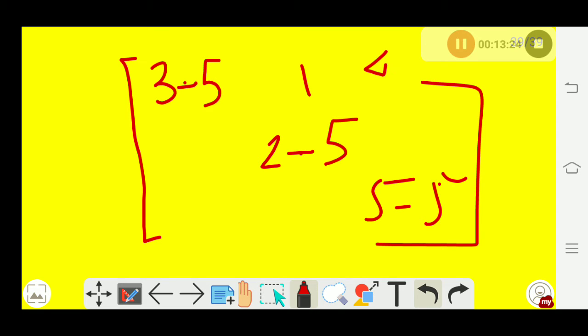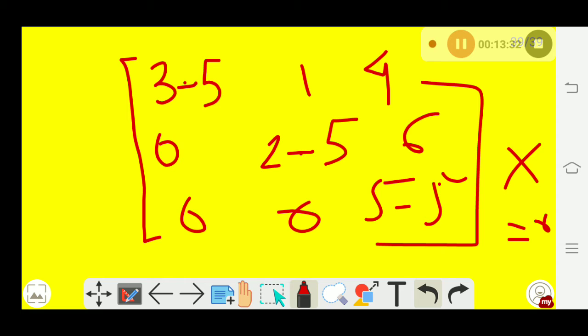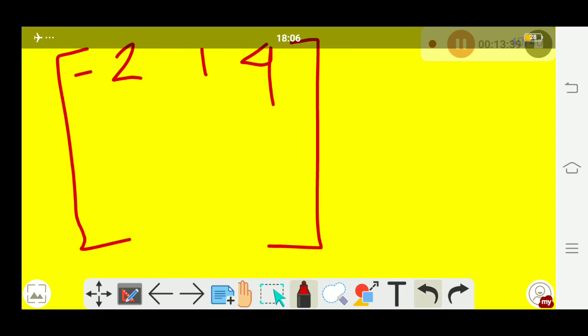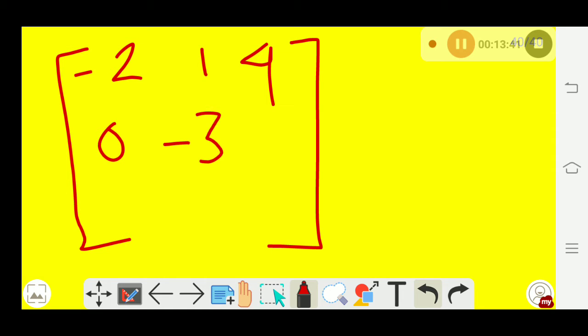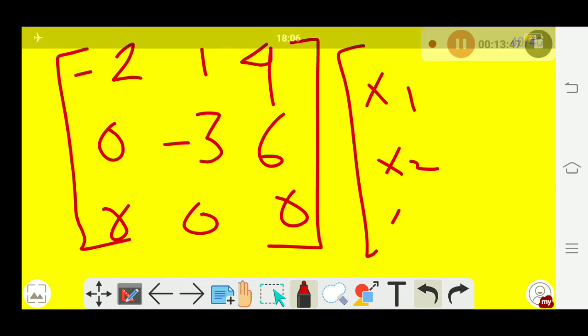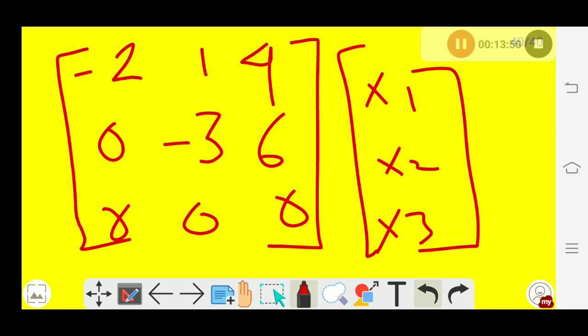It is minus 2, 1, 4, 0 minus 3, 6, 0, 0, 0. Okay, we have x equals 0 here. I have told you to write x in this fashion, and 0 in matrix form.